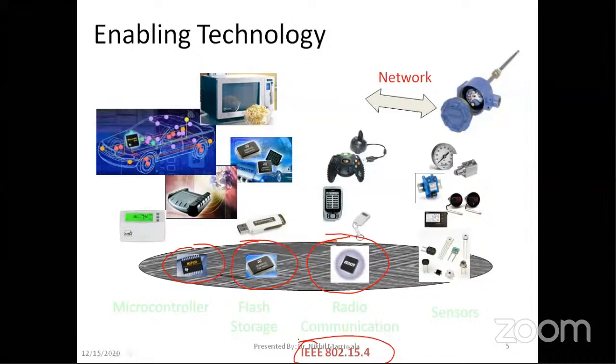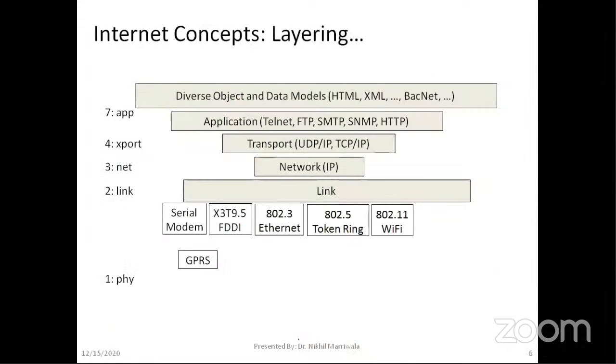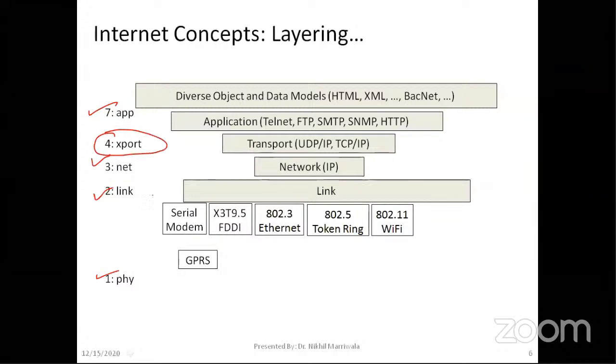So the ZigBee protocol for low rate wireless personal area networks, as we call them. Now internet concepts, what they are layering. We all know about this layering: physical layer, the link layer, the network layer, the application layer, the transport layer, right?